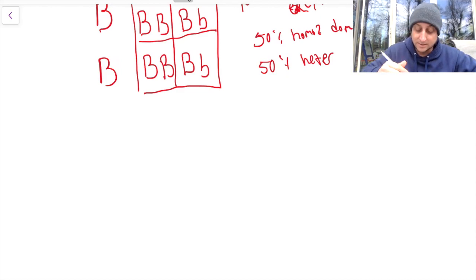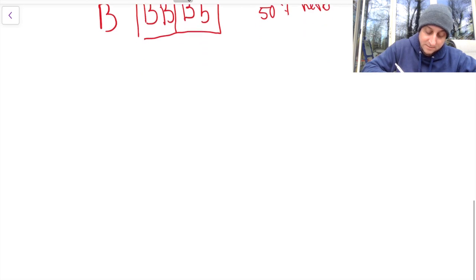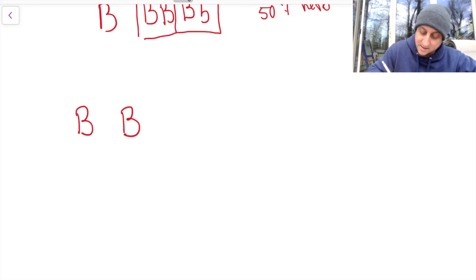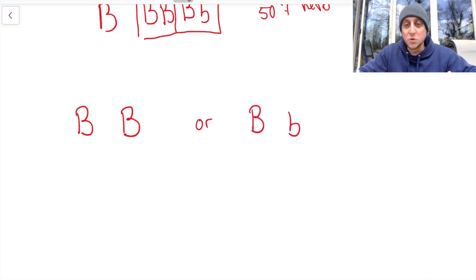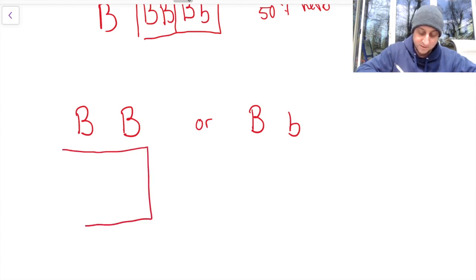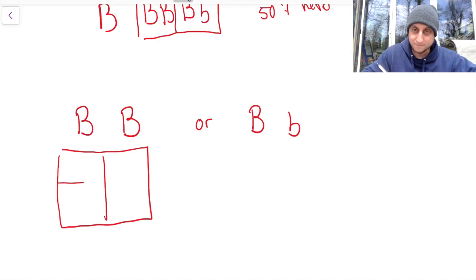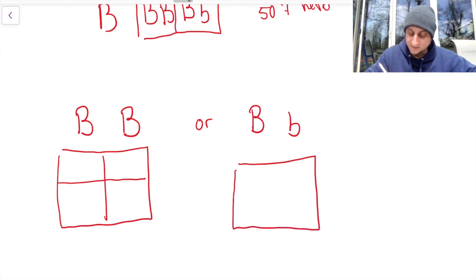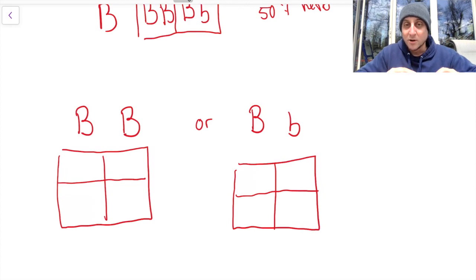So let's take a look. Let's say we're trying to figure out, is Mr. Gordon big B, big B, or is he big B, little b? The way you do this is, and again, I'm using me as an example, but in real life, with humans you would not do this. You would do this with, say, plants. But I made the example, so I'm going with it. So I have my big B, little b, and my big B, big B. We're trying to figure out which I am.